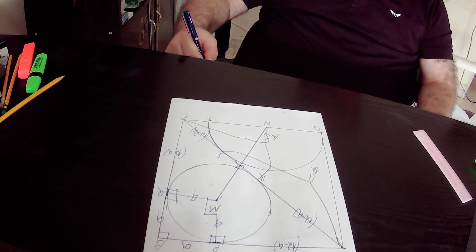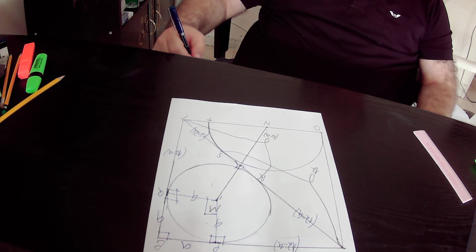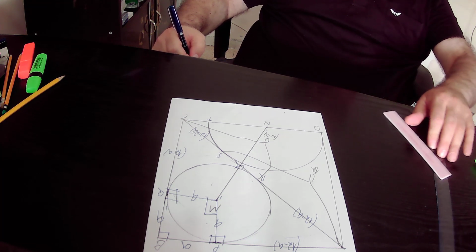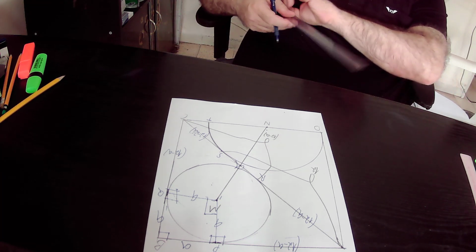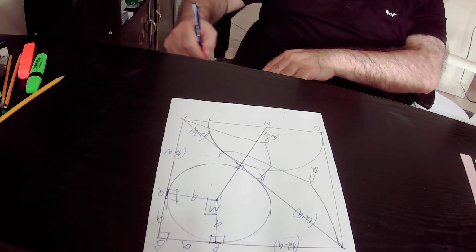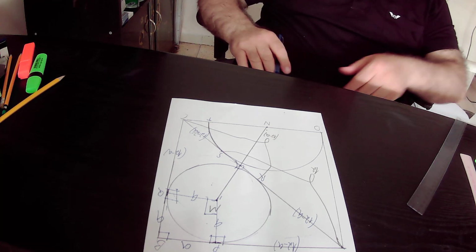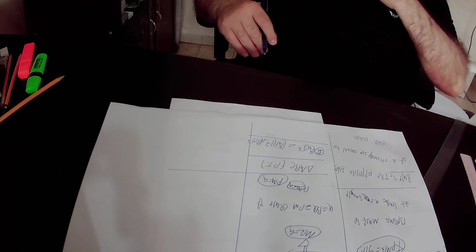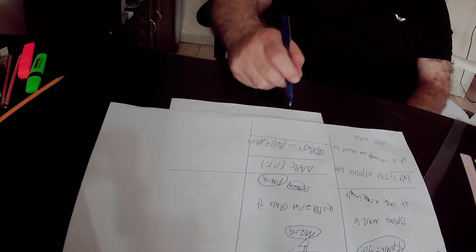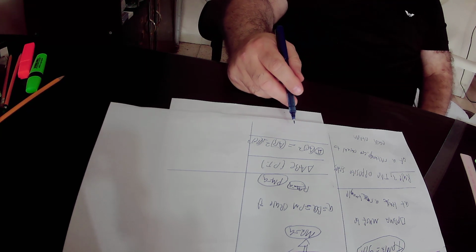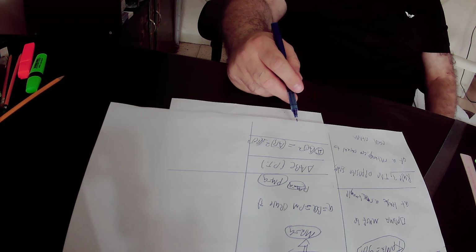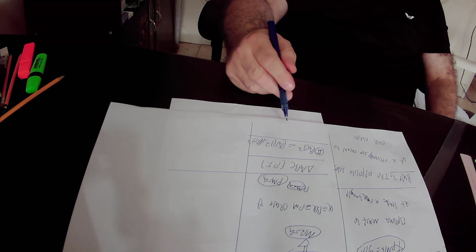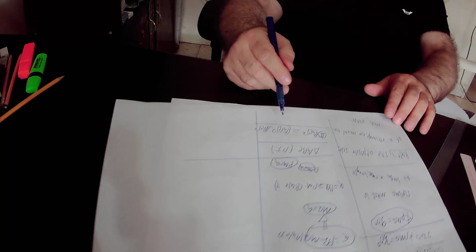That is to say, AC squared equals AB squared plus BC squared. I'll repeat again: in the right triangle ABC, according to the Pythagoras theorem, the square of the hypotenuse equals the sum of the squares of the perpendiculars.